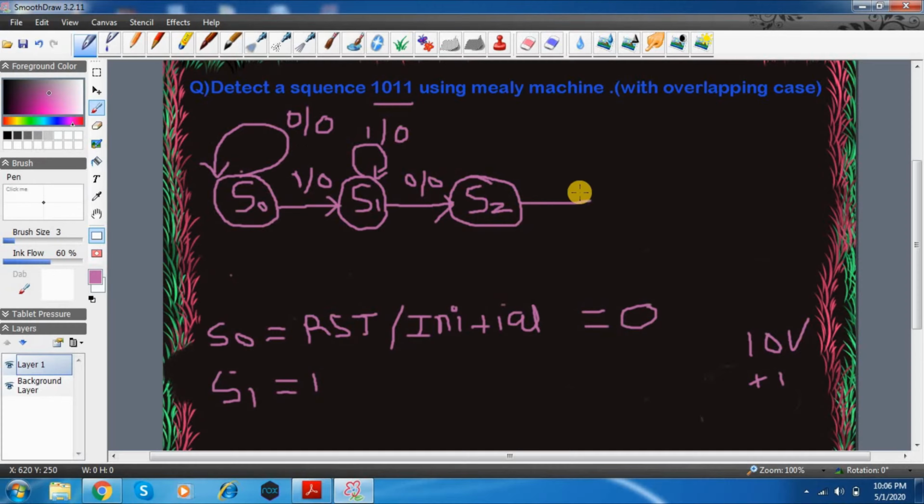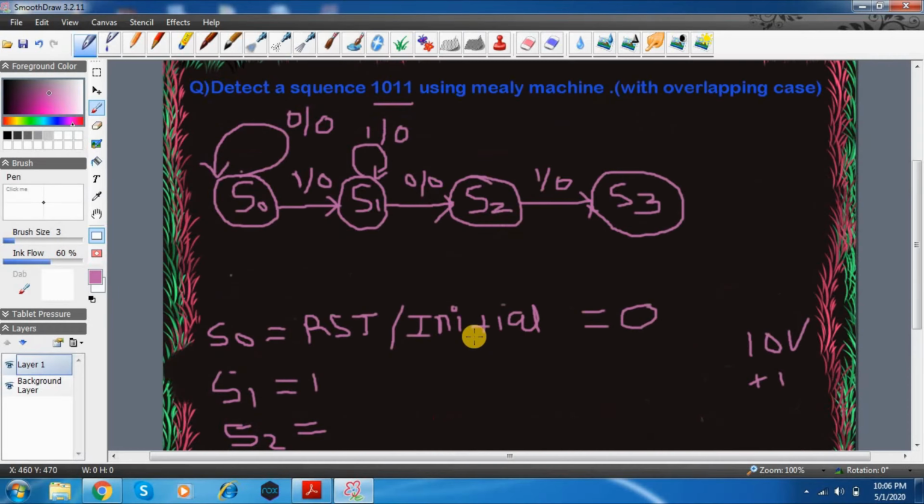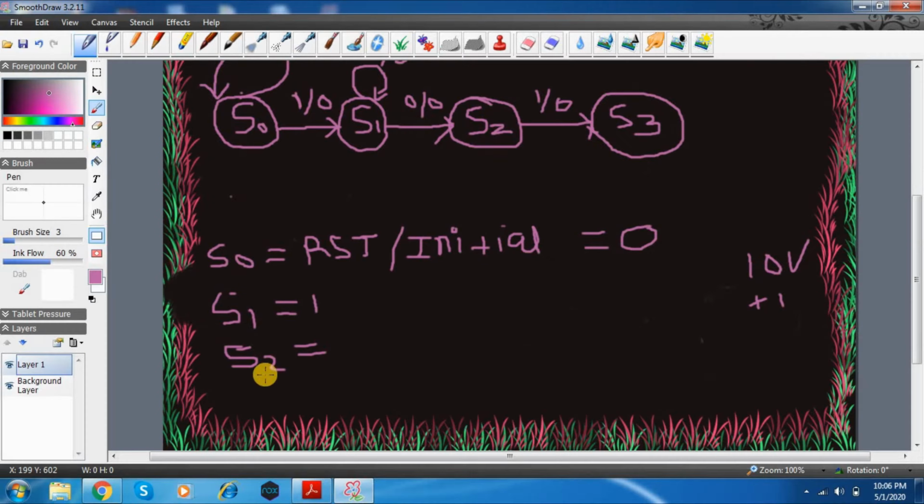The next input is 1. When the next 1 is detected, it goes to the next state, and at that time output will be 0. The next state is S3. Now here also, what is held by S2?